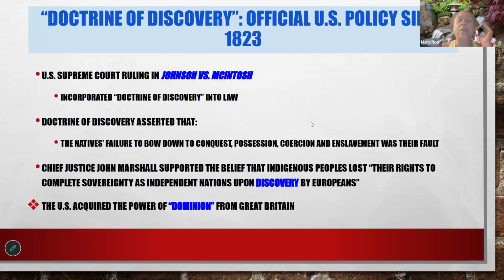So basically, Johnson versus McIntosh ruled that the failure of those native to Turtle Island to bow down, to give in, to willingly capitulate and surrender to conquest of the land, possession and coercion and enslavement was their fault.